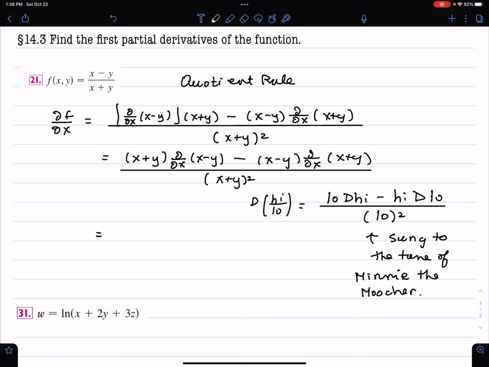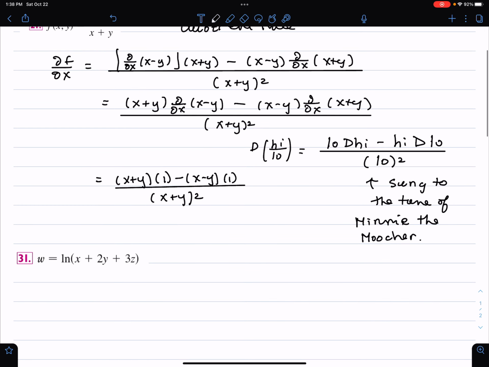All right, anyway. So this gives you x plus y. The derivative of x minus y with respect to x is 1. Minus x minus y. And then you come over here, the derivative of x plus y is 1. And how I'm going to get this wrong is by not using the distributive property correctly.